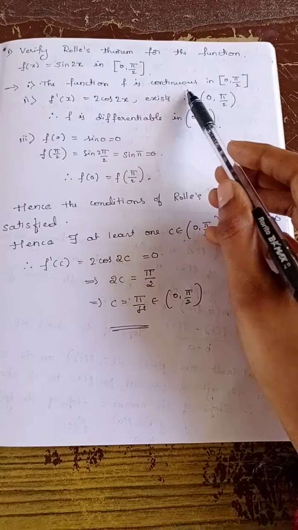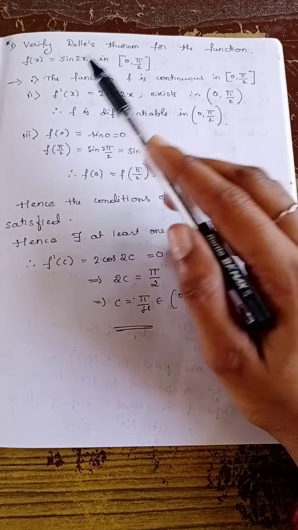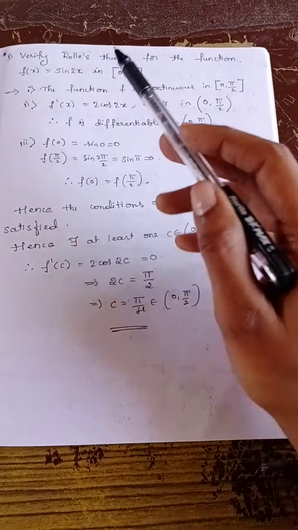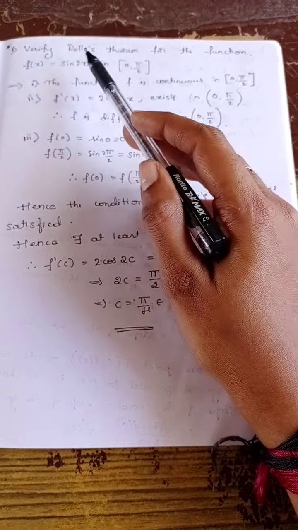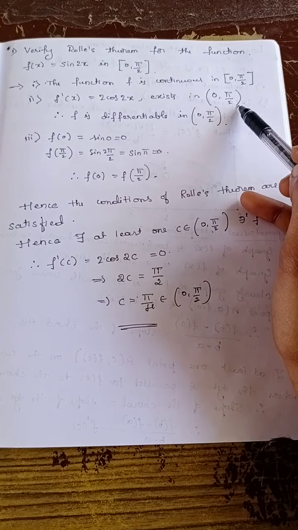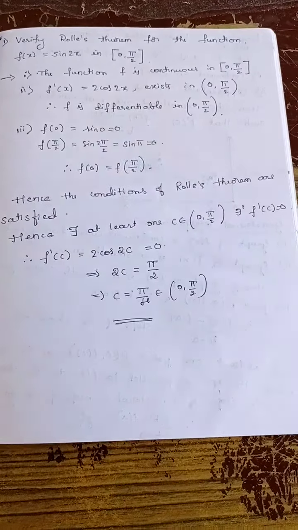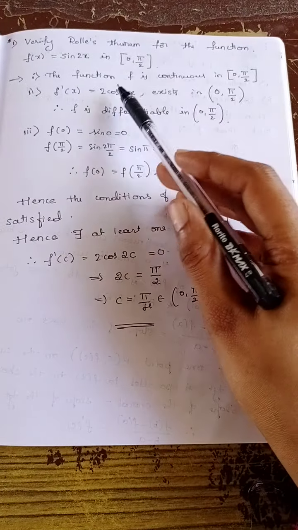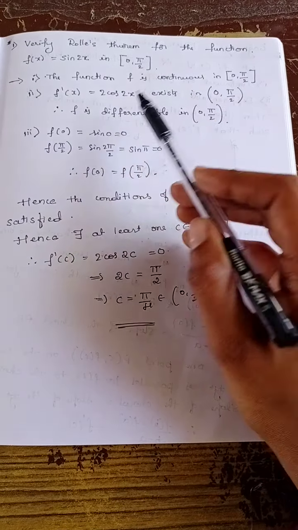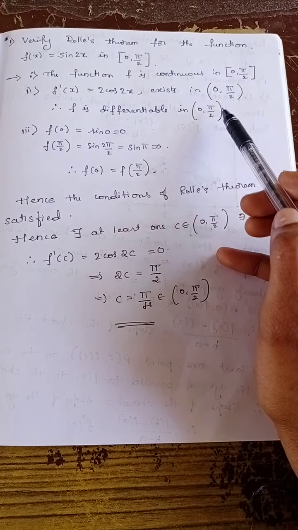So the function is continuous in 0, pi by 2, and f dash of x equal to 2 cos 2x exists in 0, pi by 2. So f is differentiable in 0, pi by 2.